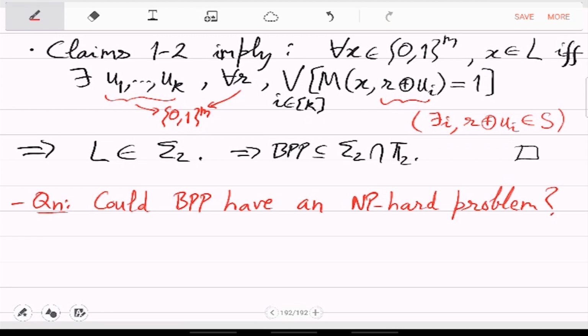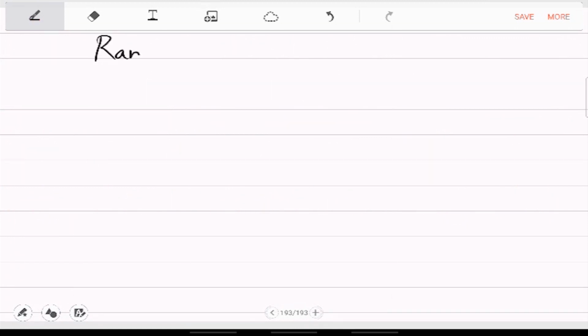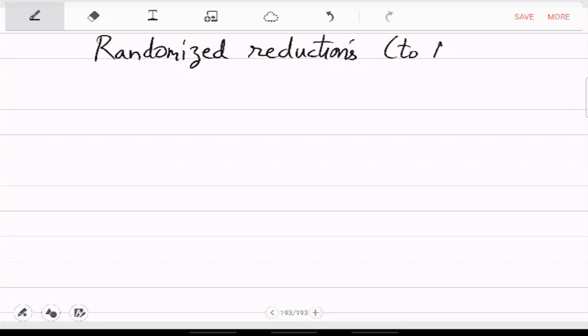And to formalize those connections, let us move to randomized reductions formally. So randomized reductions to NP, which is to SAT, and also log space.